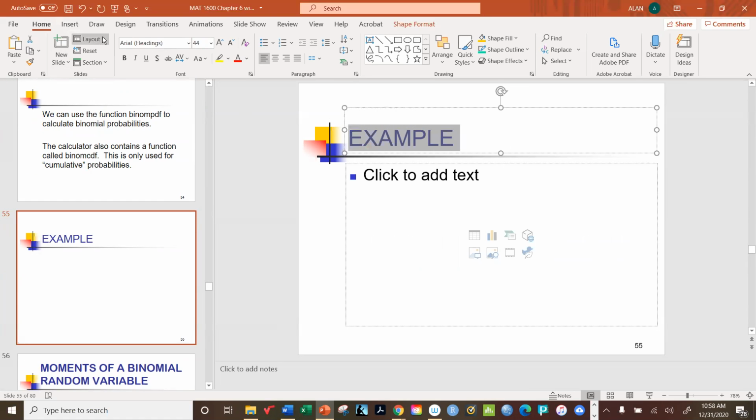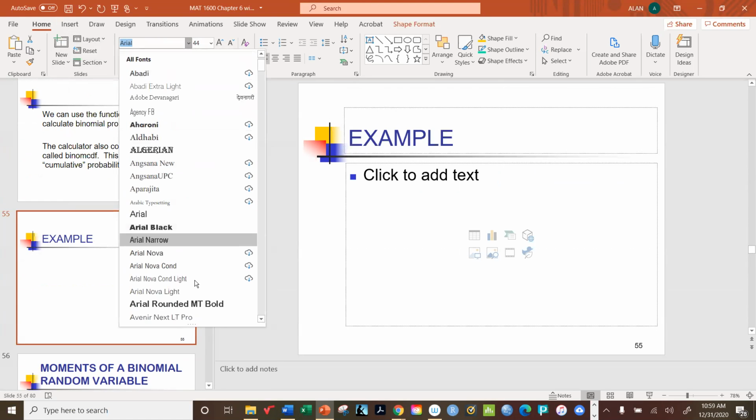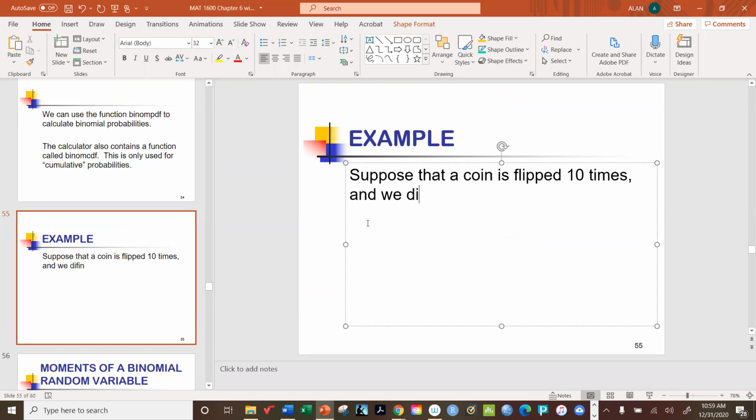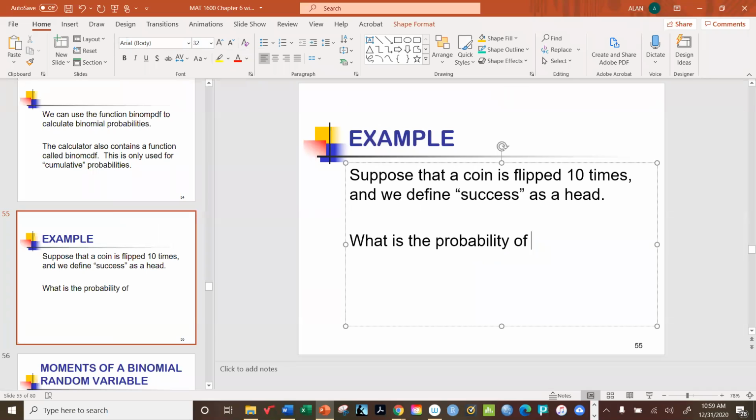So for example, suppose I had the following scenario. Suppose that a coin is flipped 10 times and we define success as a head. What is the probability of getting, let's say, 5 heads?